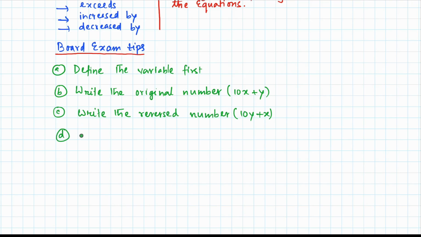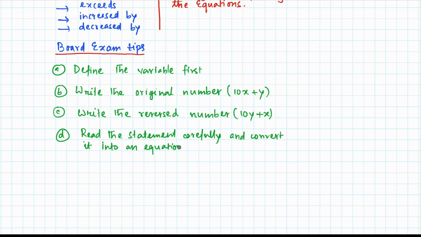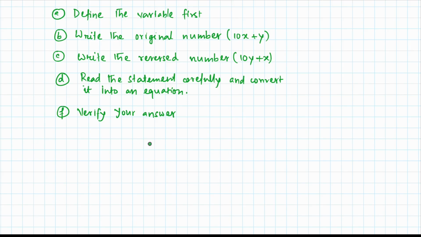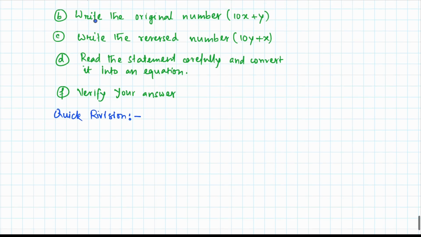And number three, read the statement carefully and try to identify words like exceeds, increase by, decrease by, as we have explained earlier, and then frame the equations, convert them into equations and verify your answer. So these are the important tips you should keep in mind while you are solving these problems.